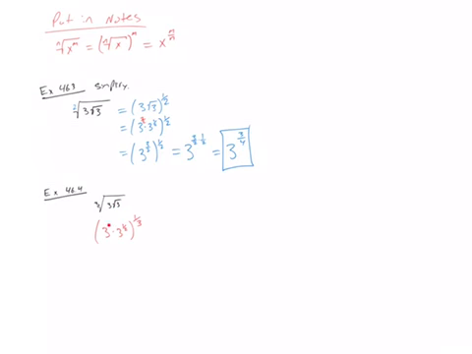Again, this exponent is a 1, but I'm going to write it as 2/2 so I can add it with that one. So this comes out to 2/2 plus 1/2, which is 3/2, to the 1/3. And so this is 3 to the 3/2 times 1/3. Those 3's reduce. This gives me 3 to the 1/2 power.